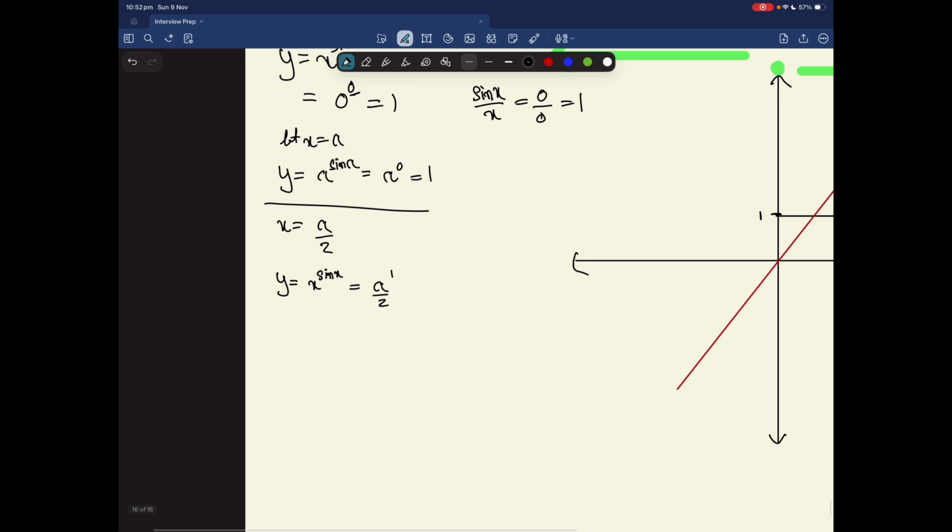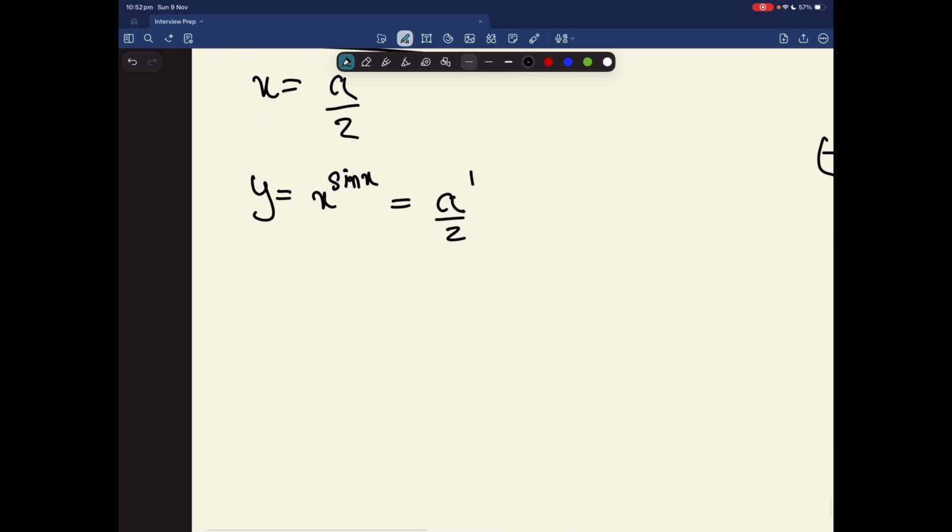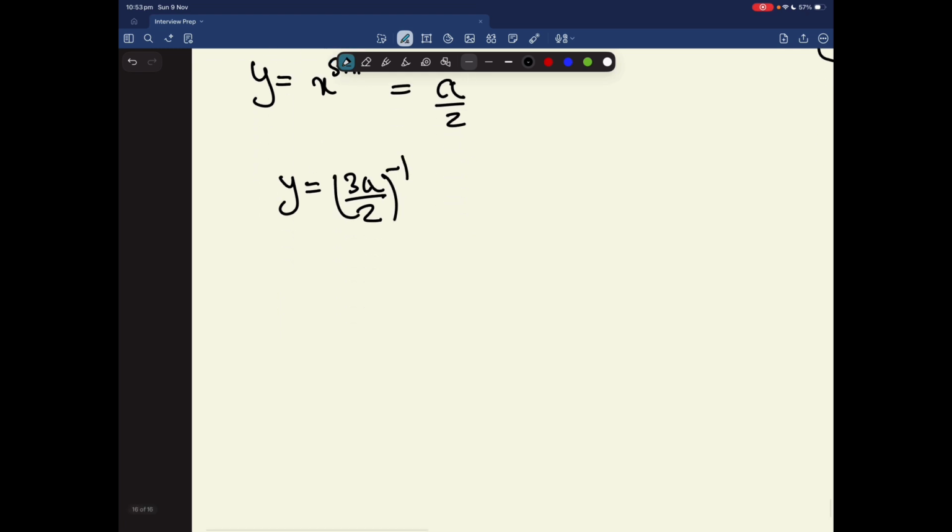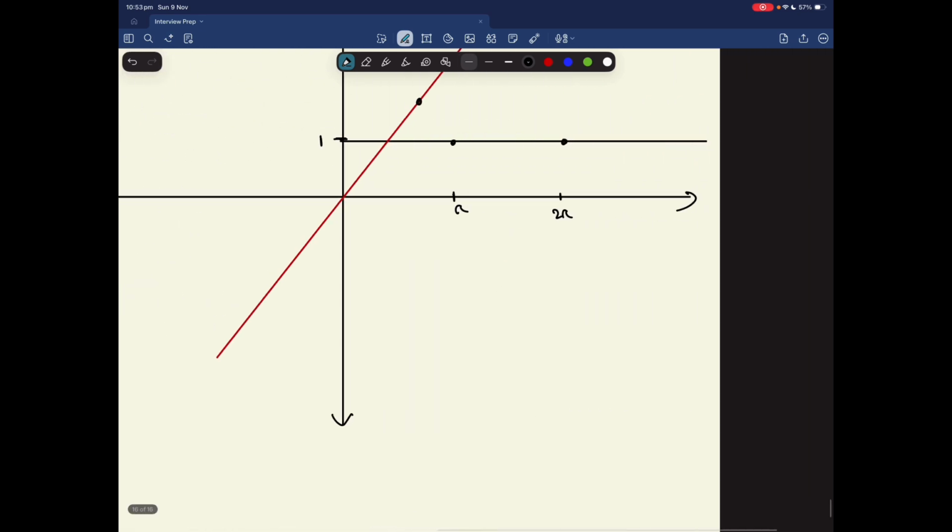Now our minima of the sine graph happens at 3 pi over 2. So at this point, we would have y equals 3 pi over 2 to the minus 1, which means we're essentially dealing with y equals 1 over x at every point where sine x gives minus 1.